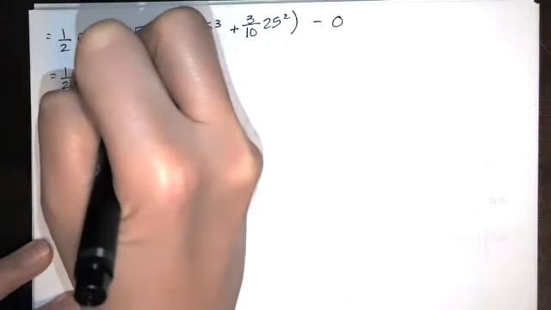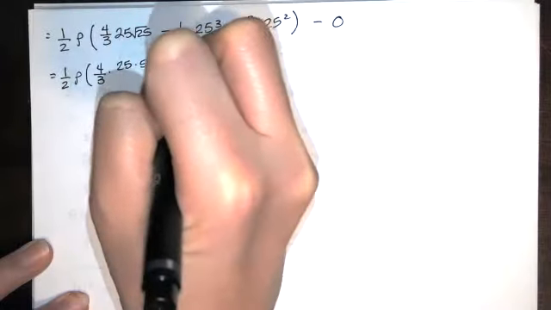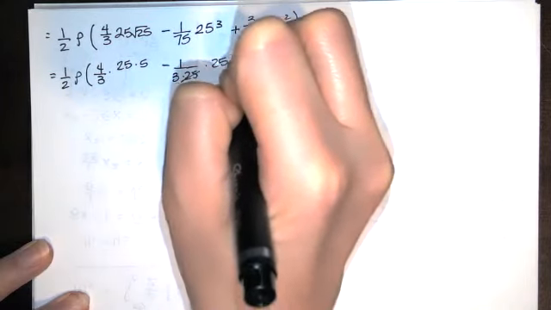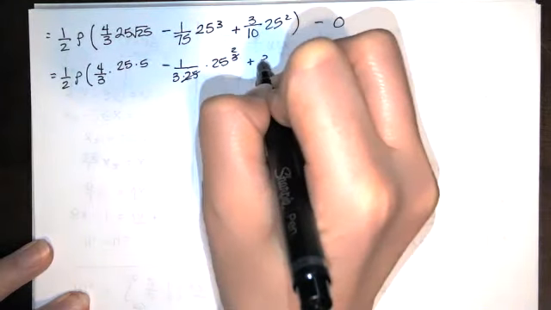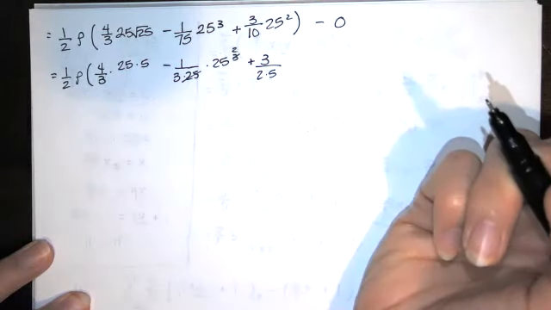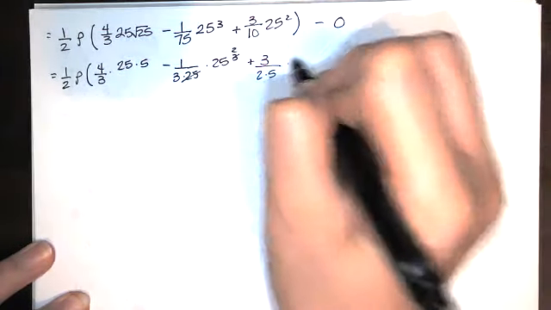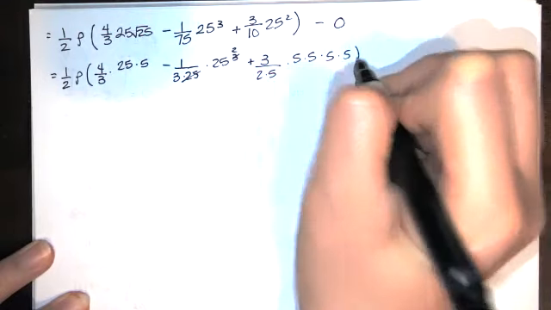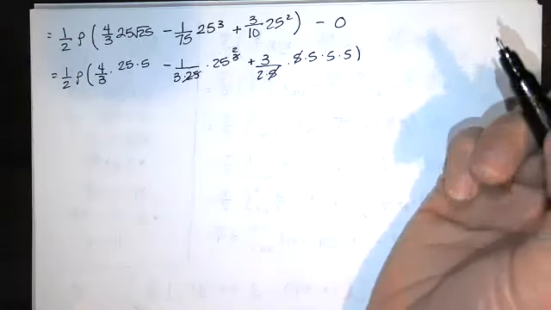This is 4/3 times 25 times 5. And then we've got 3 times 25 down here and 25 cubed up here. So one of those will reduce. And then the 10, of course, you could simplify that as well. That's 2 times 5, and 25 squared is 5 times 5 times 5 times 5. So one of those 5s will reduce.